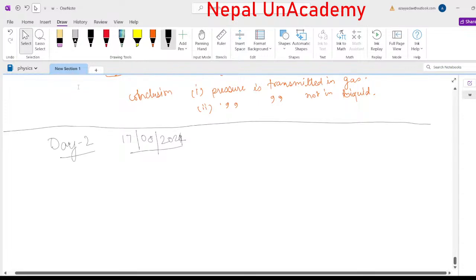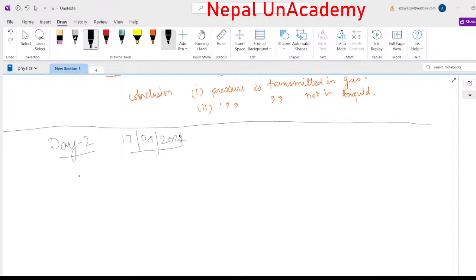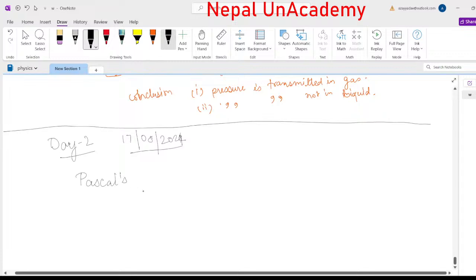Now we move forward to the chapter Pressure. First we describe Pascal's law. We continue with the topic Pascal's law.